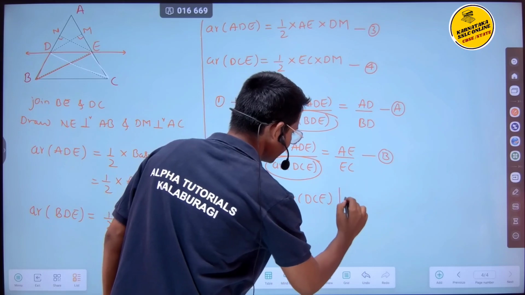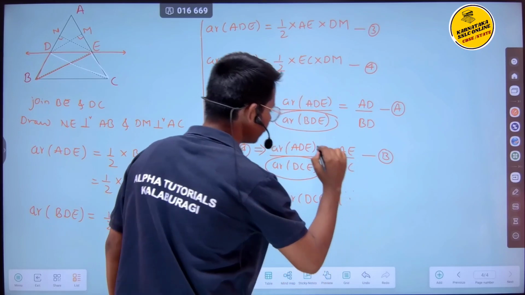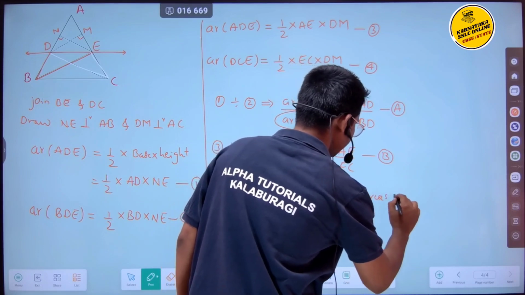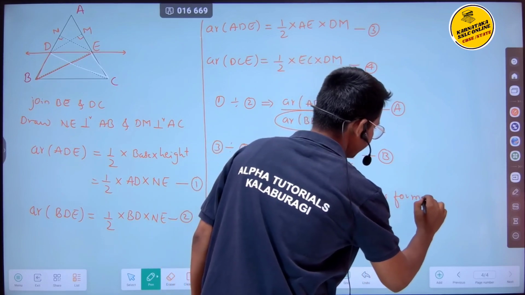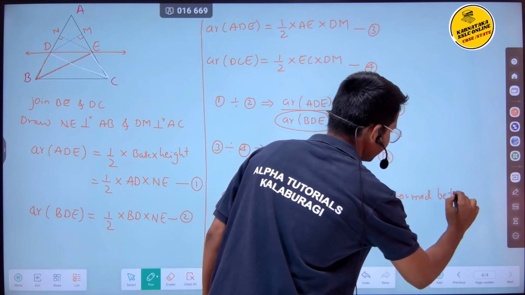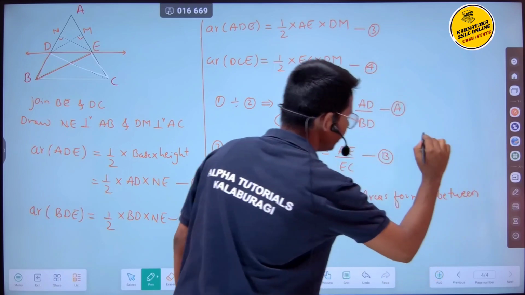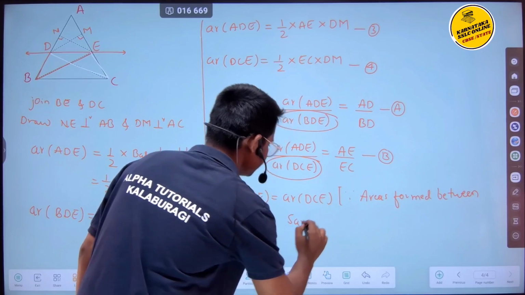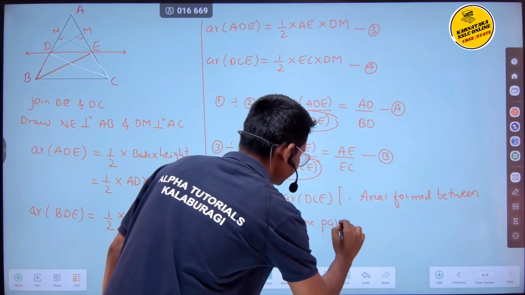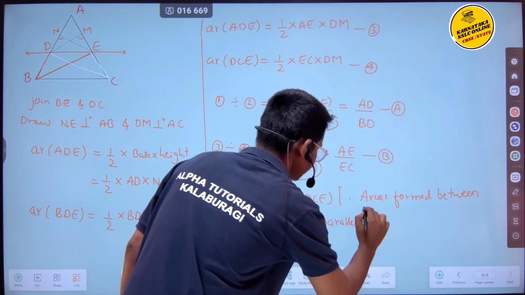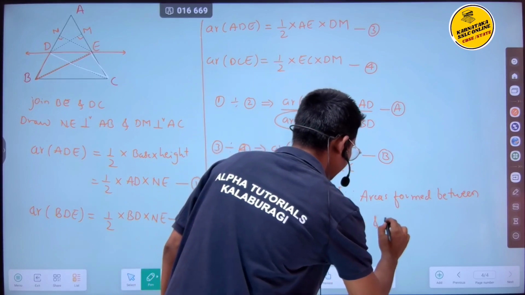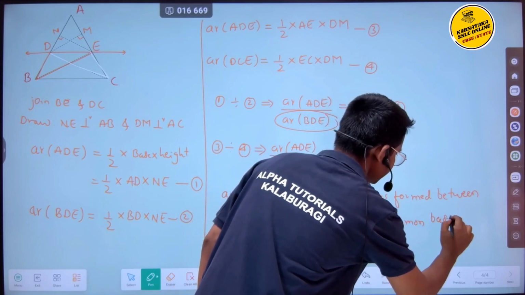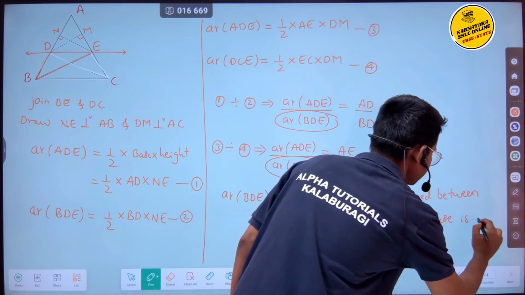But I can't simply write, I need to write a reason. Why? Because areas formed between the same parallels and common base is equal.